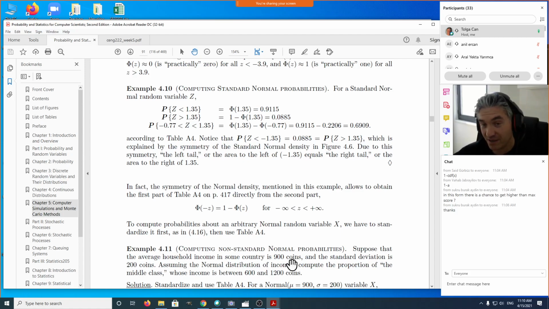You may consider this as medieval time, or maybe in 200 years, we will have our household income in bitcoins. So imagine the average is 900 coins and the standard deviation is 200 coins. Assuming the normal distribution of incomes, compute the proportion of the middle class, whose income is between 600 and 1200 coins. So what percentage of the population get between 600 and 1200 coins?